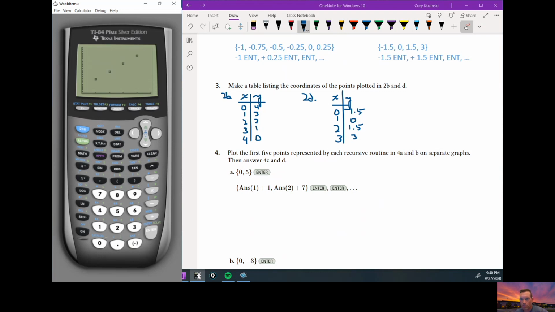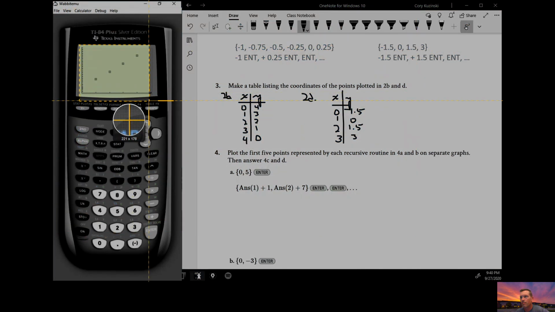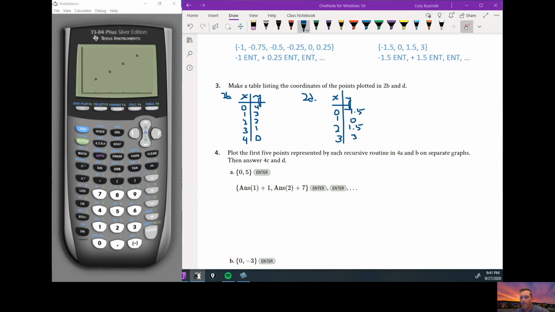And what I can do is do a little screenshot of that. Bear with me here for a second. It's not going to let me, is it? All right, how about we just recognize there's our graph right there.